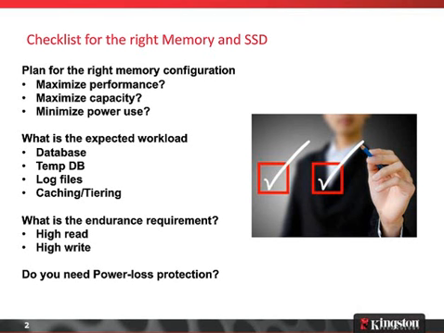So in terms of memory and planning the right memory configuration for your environment, we really look at three areas. Are you maximizing for performance, for capacity, or for low power consumption? And because we can scale memory to great levels now, we have to be aware of a few things. If you're maximizing for performance, we have to take into consideration memory ranking.